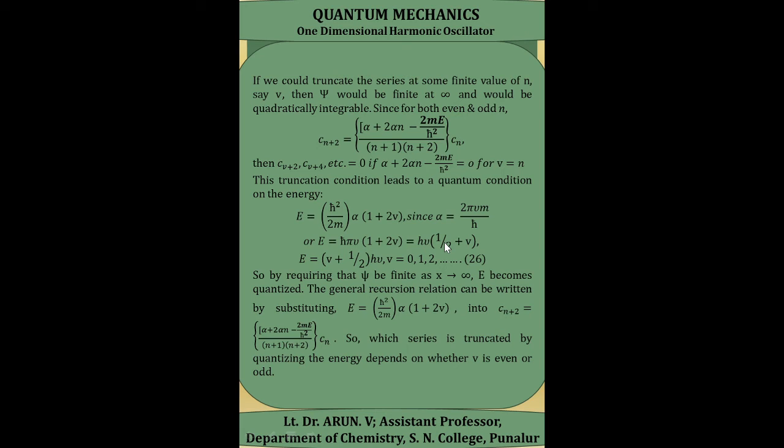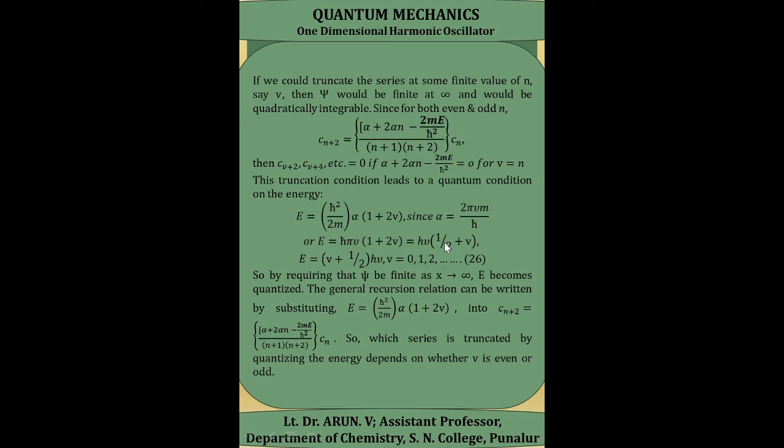Then the coefficients C(v+2), C(v+4), etc. will become equal to 0 if alpha plus 2 alpha n minus 2mE divided by h-cross squared is equal to 0 for n equal to v.